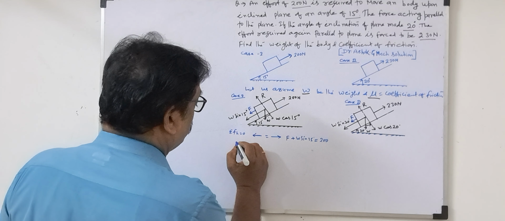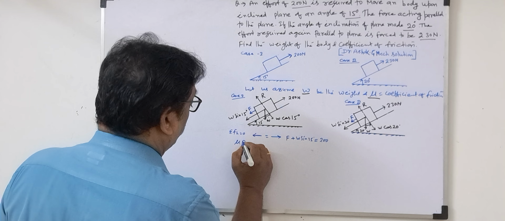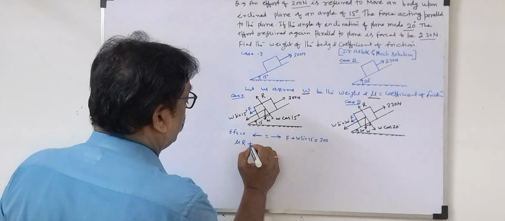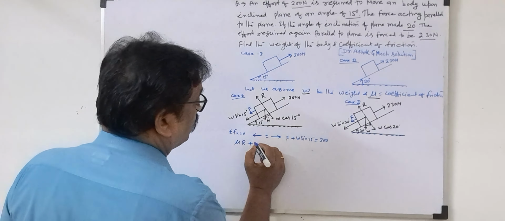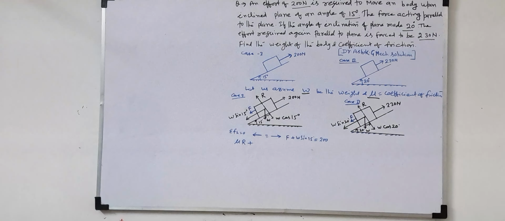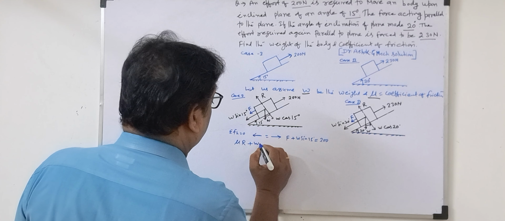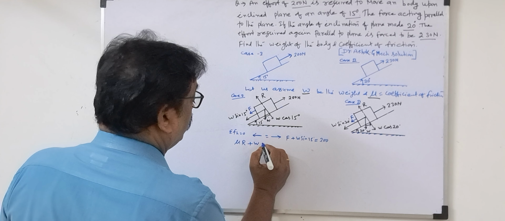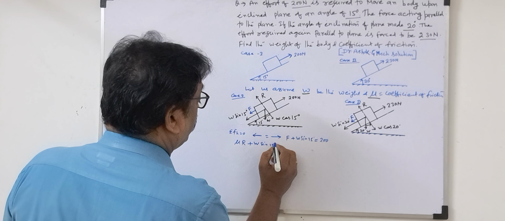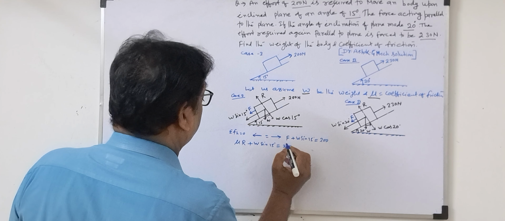Now F equal to mu R, plus W sine 15. We have not calculated W sine 15, leave it like this. So F equal to mu R, and F plus W sine 15 degree is equal to 200.